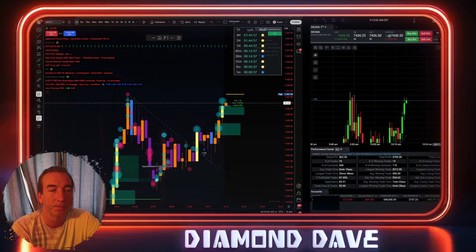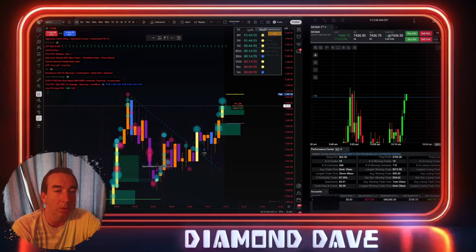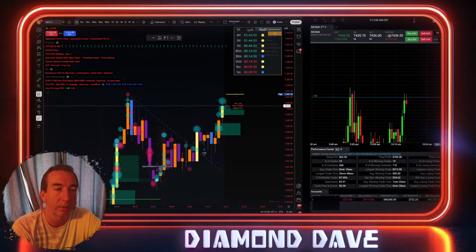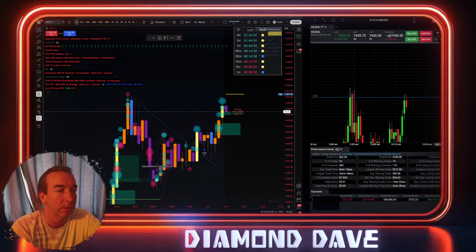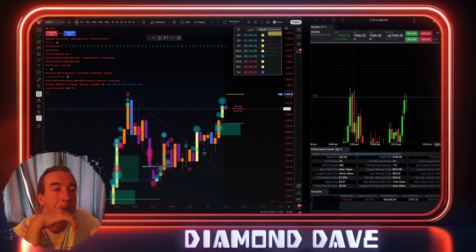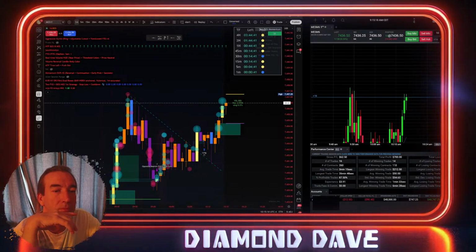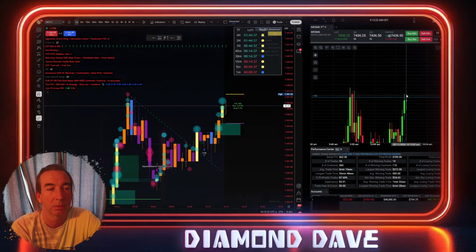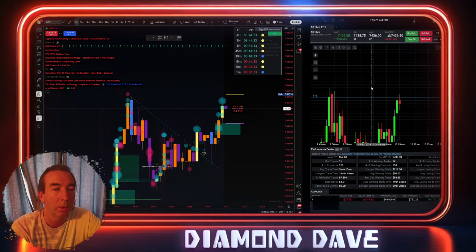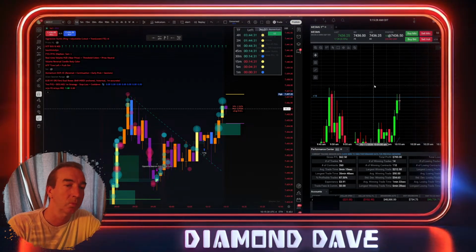Okay, this is the chance. We're not over leveraged here, but this could want to fail, let's reject off this high here. Equal highs here. We want to make a new high here.